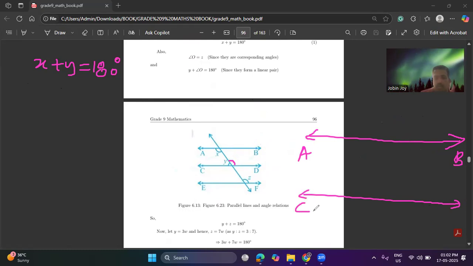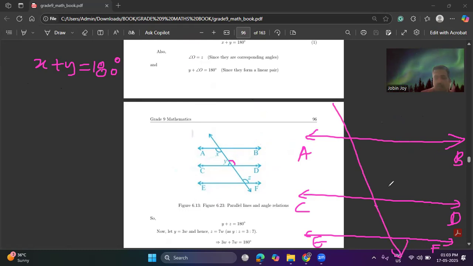This is CD. And finally, this is EF. This is the transversal. So this is equal to X, which means this is also equal to X. So this is equal to Z.